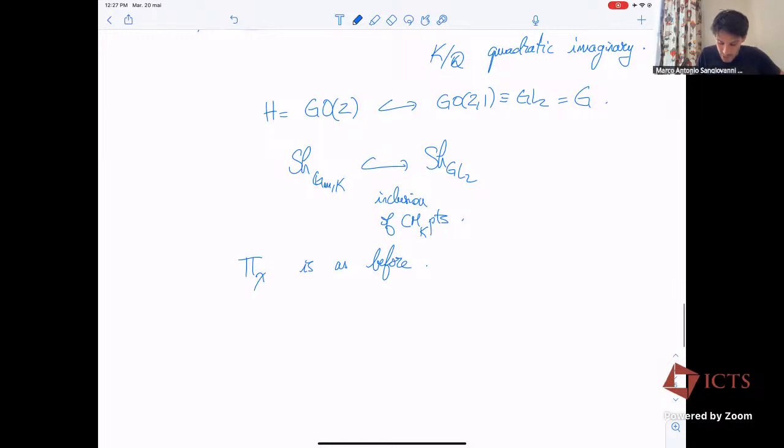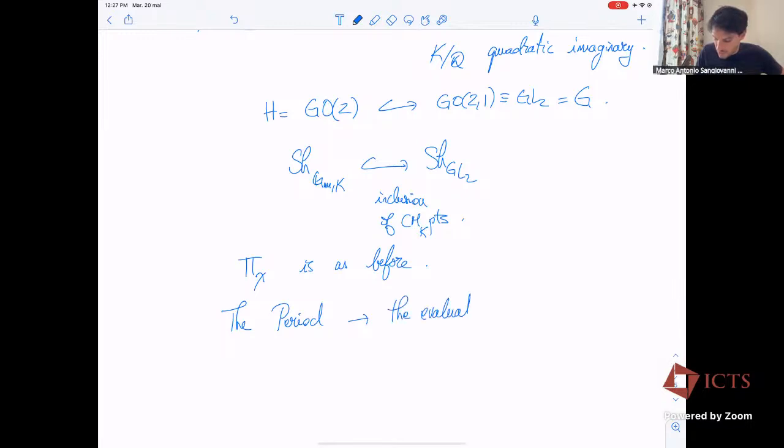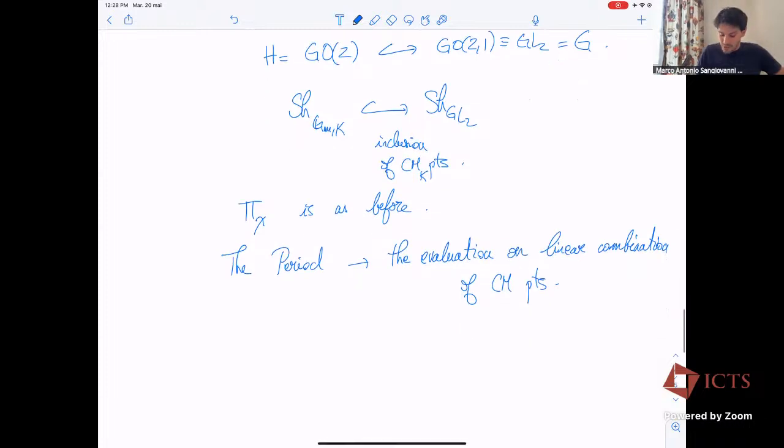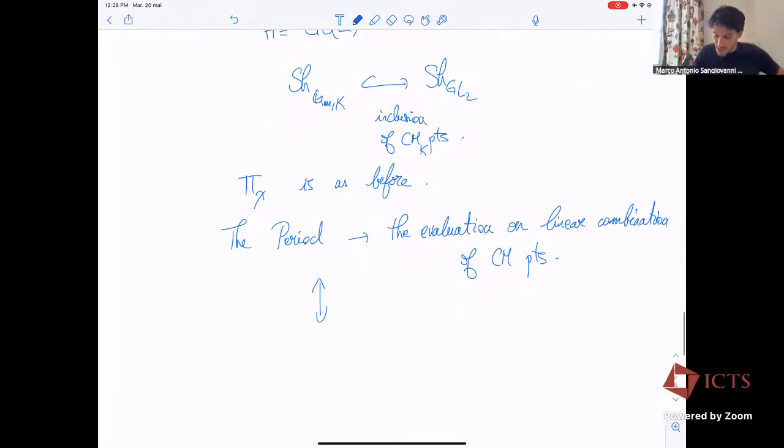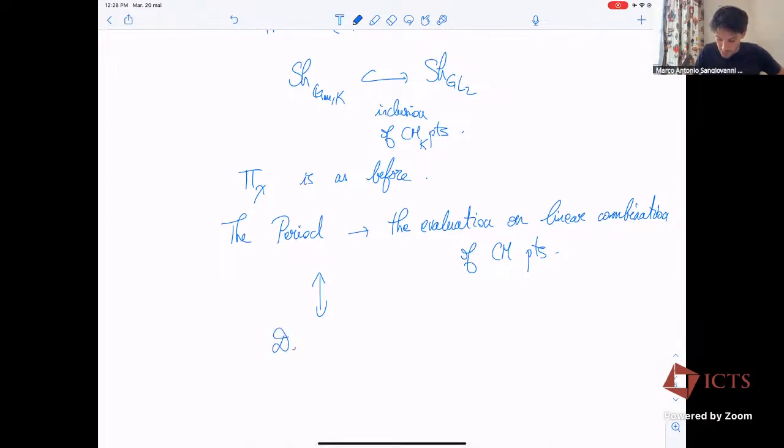And the period is just the evaluation on a linear combination of CM points. And this is very much related to what we saw yesterday in Thiluin's talk with Damerell's formula.